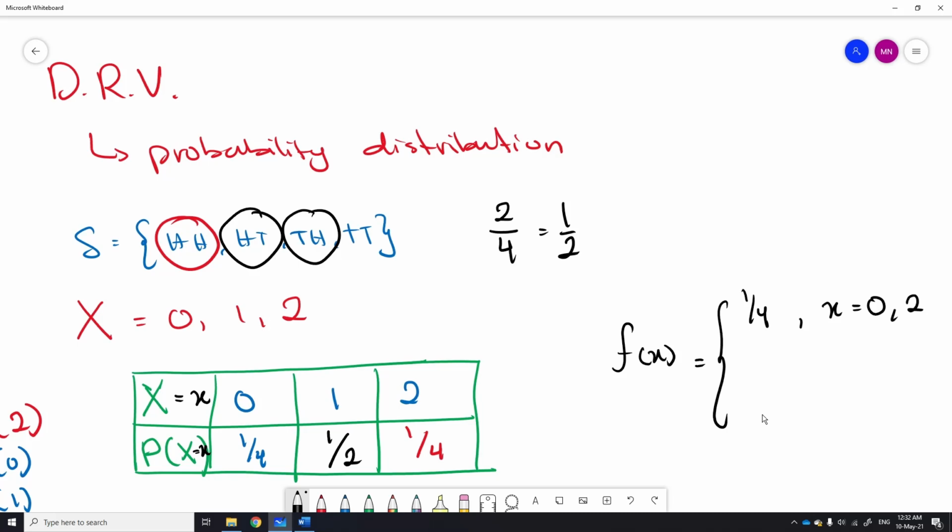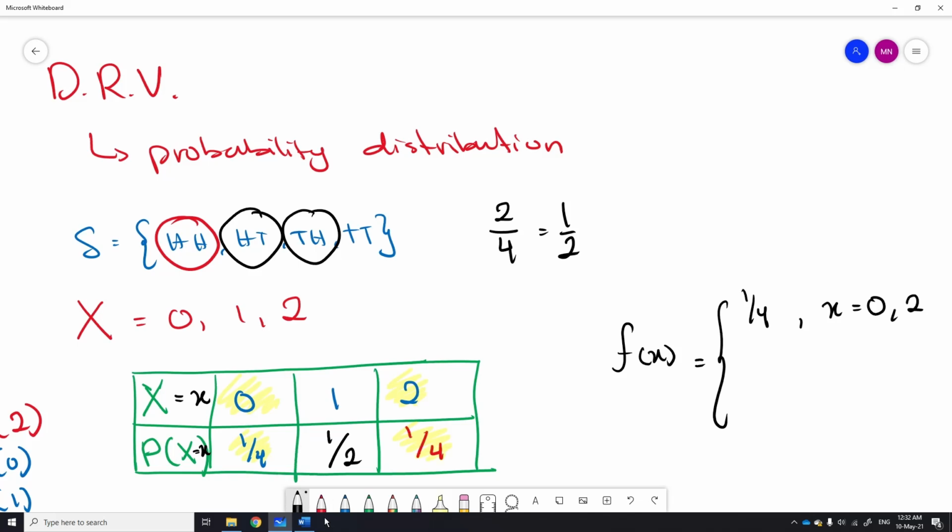When f(x) is equal to 1 over 4, the input is either 0 or 2. When the input is 0, the output is 1 over 4, and when the input is 2, the output is also 1 over 4.